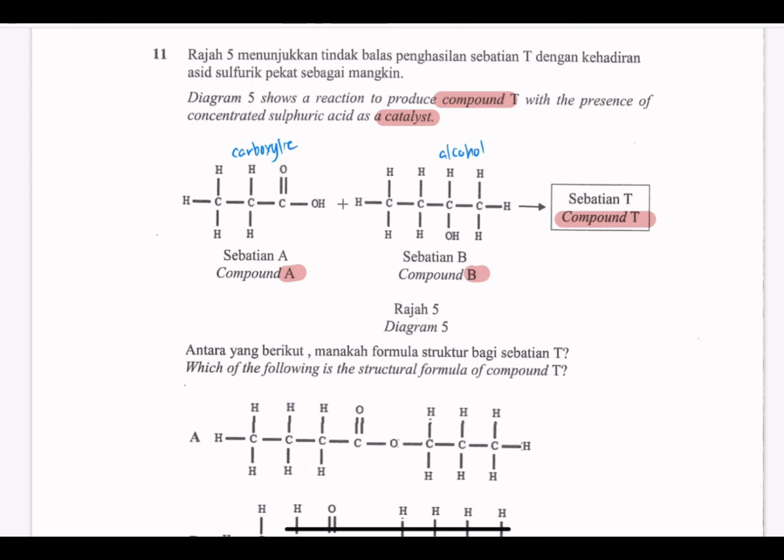Okay, alcohol reacts with carboxylic acid, and we will get an ester and water as the products. And the question is, which of the following is the structural formula of compound T? Okay, we're looking for the structural formula of the ester.